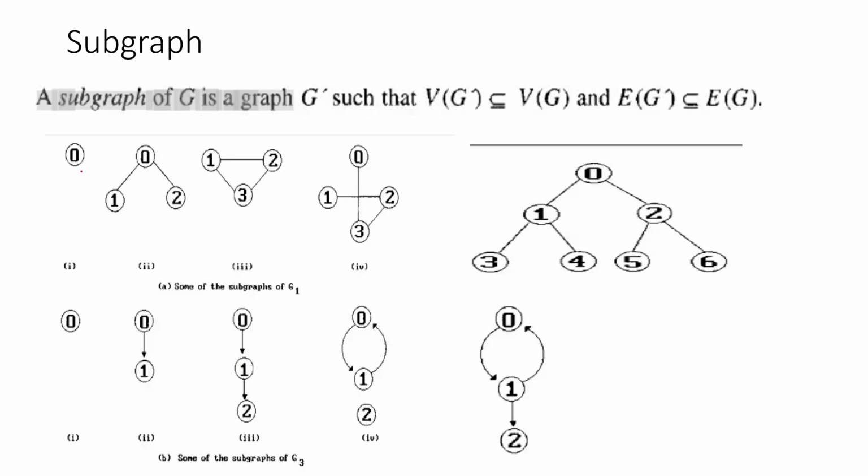Subgraph. If you take this graph, a part of that graph, a subset of it, is considered a graph. The vertices are part of the main graph.